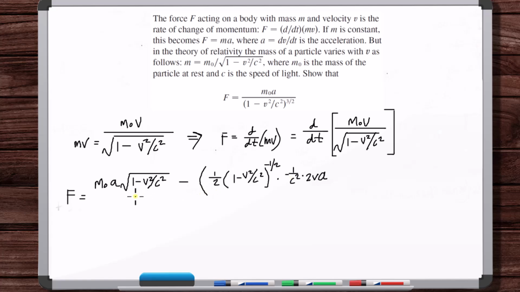Okay, so where are we here? We had the derivative of the top times the bottom minus the derivative of the bottom times the top, all over the bottom squared.